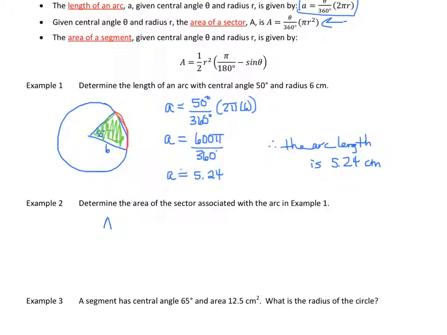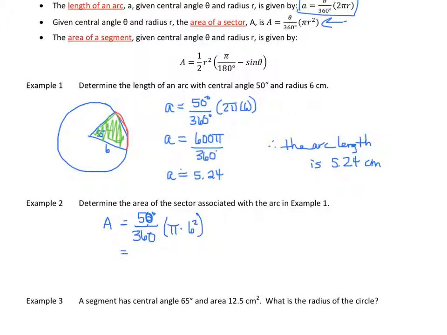Area is equal to your angle, 50 degrees, divided by 360 again, but this time multiplying by pi times r squared, so 6 squared.